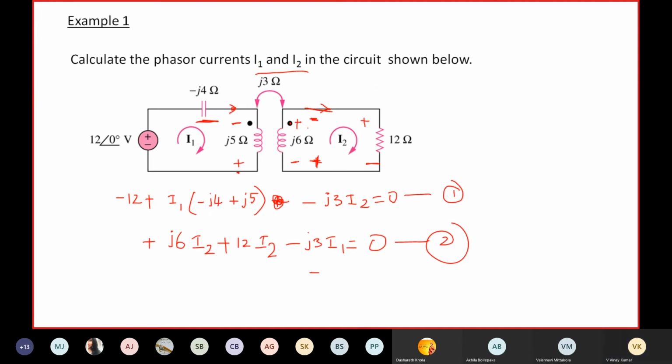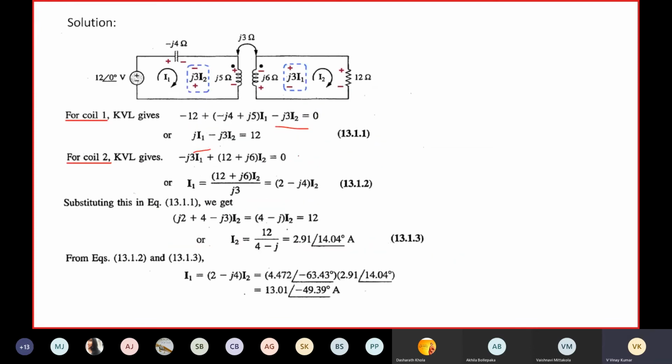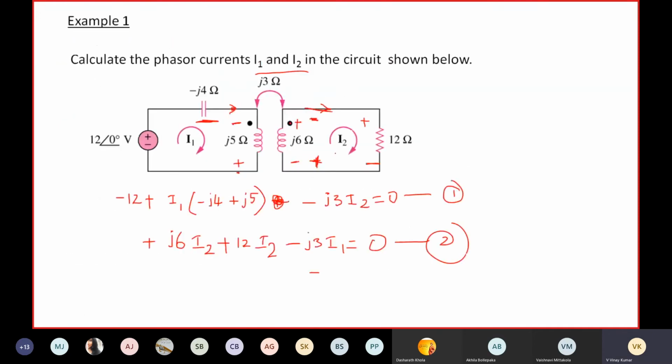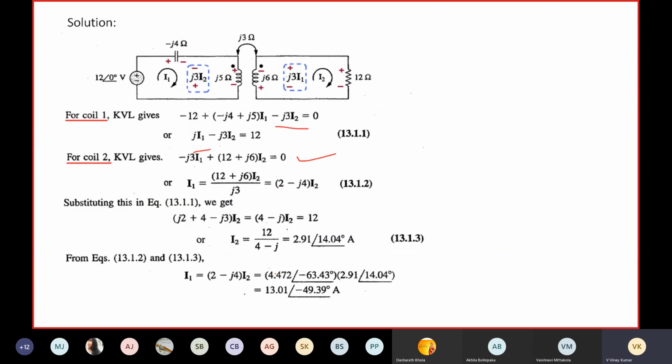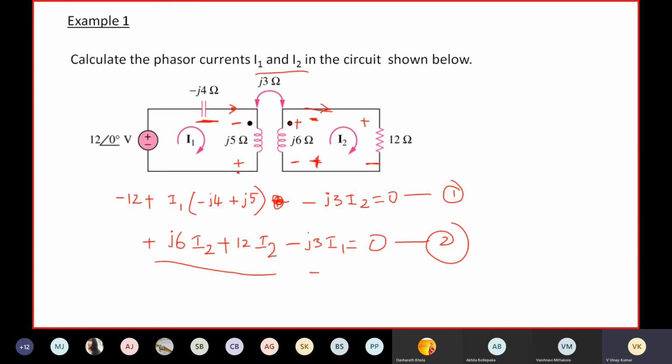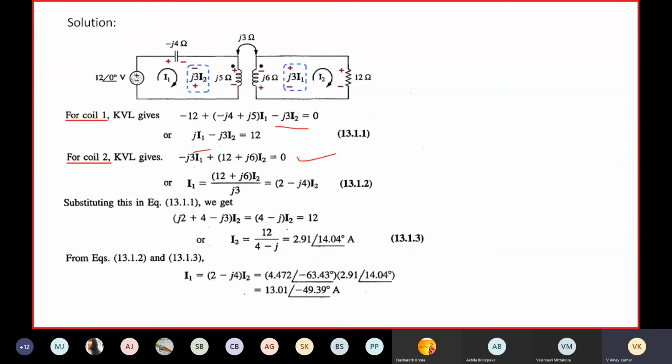Next equation: (12 plus j6) into I2 minus j3 I1. These two equations are right. So solving these two equations, you are going to get I1 and I2.